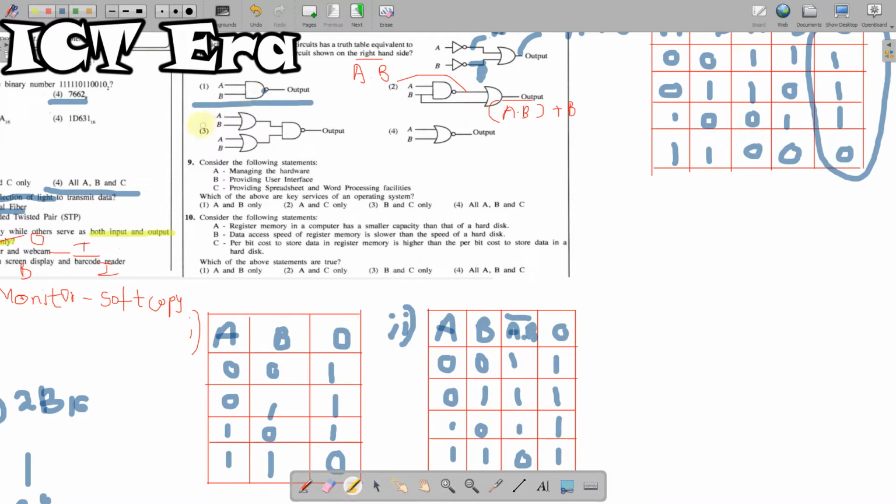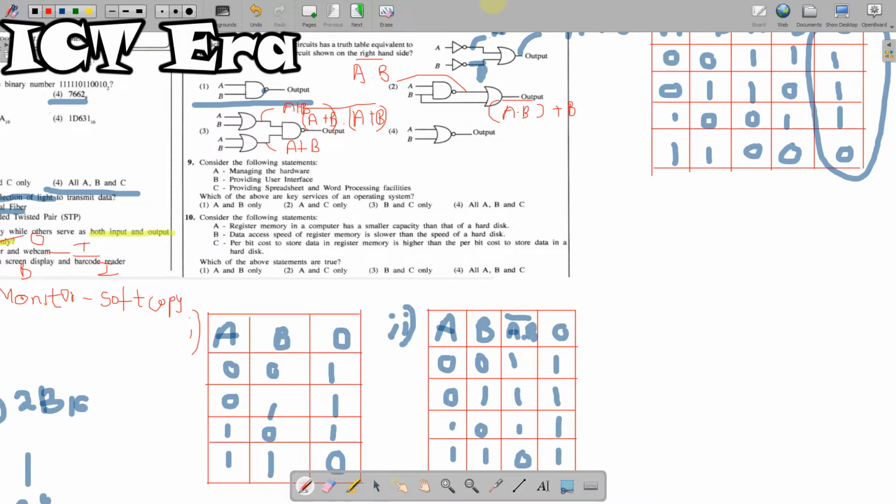Okay, then the next table you can see A and B are connected to an OR gate. So output should be A plus B, and here also an OR gate, therefore again A plus B. Then the final output should be A plus B dot A plus B, because there's a NAND gate, whole thing should be bar.